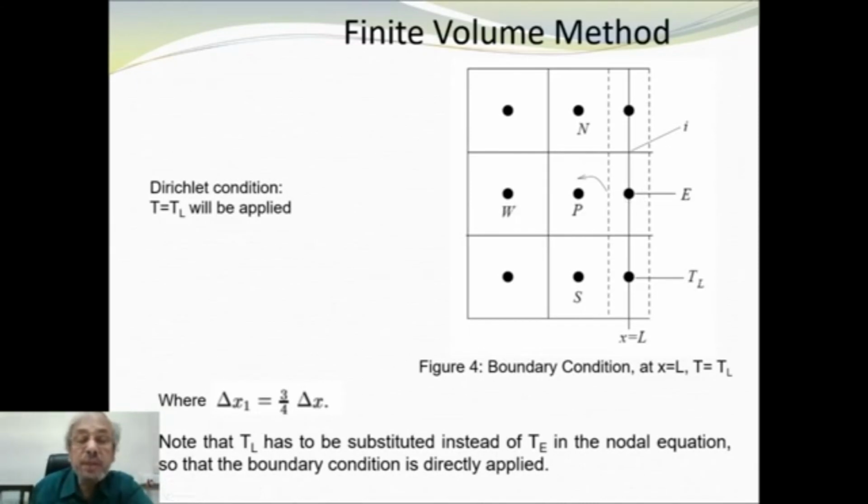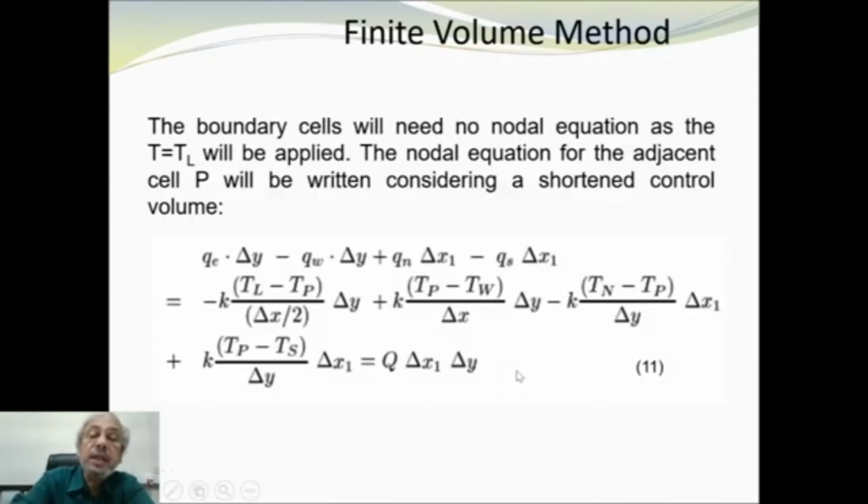So our formulation will be slightly more involved. So TL has to be substituted instead of T in the nodal equation, so that the boundary condition can be directly applied. So for the eastern neighbor there is no problem, western neighbor no problem, northern neighbor no problem, southern neighbor no problem in writing this.